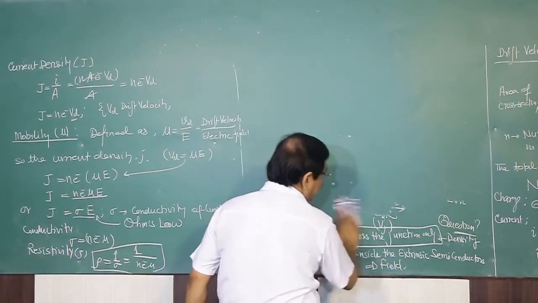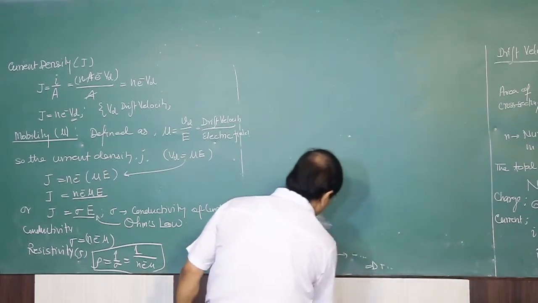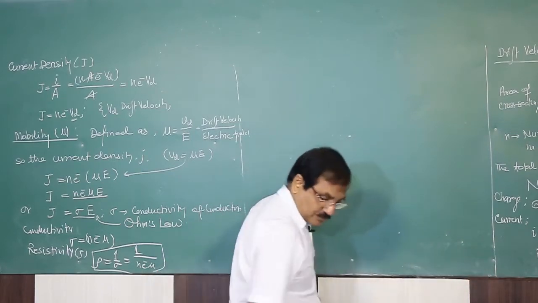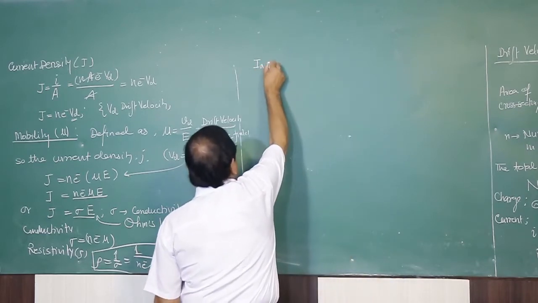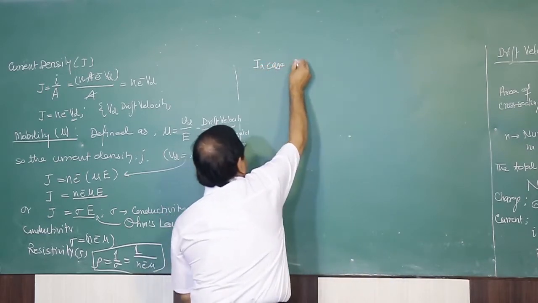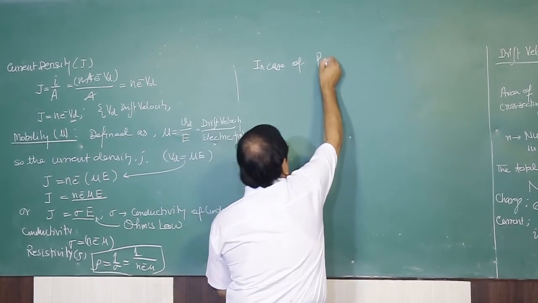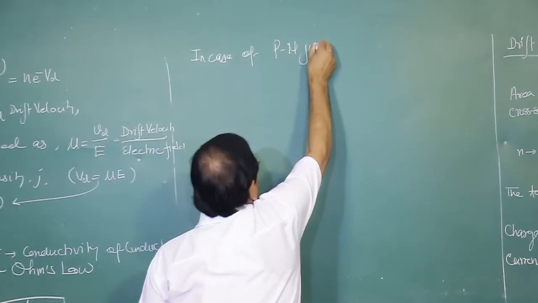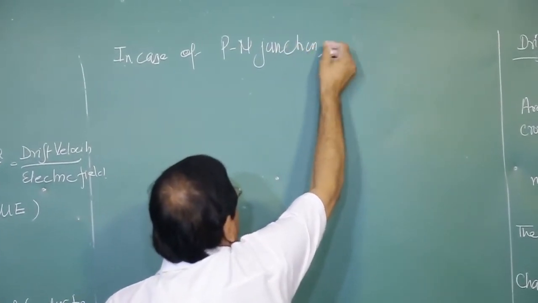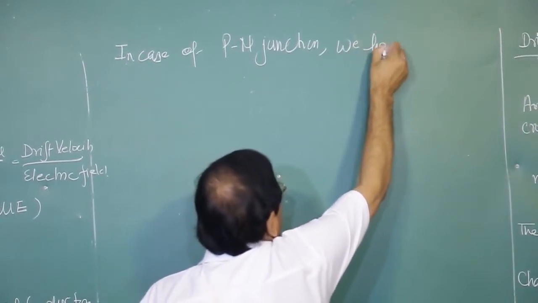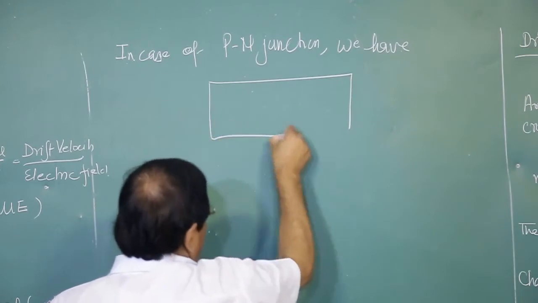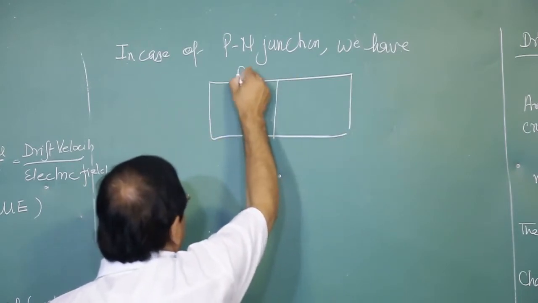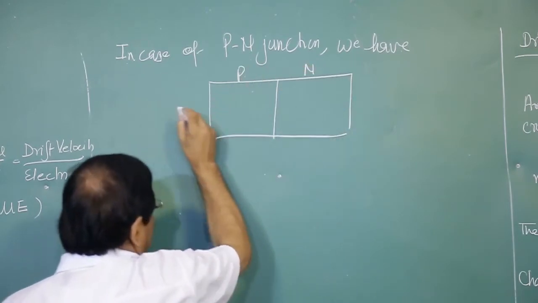In case of p-n junction, we have the terms: this is p, this is n.